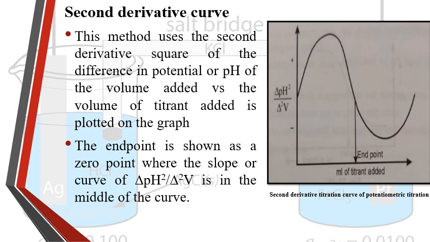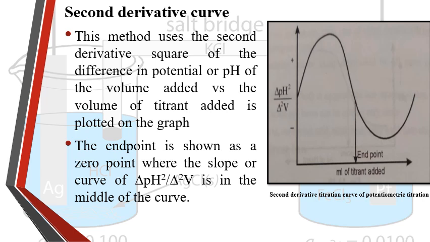The second derivative is particularly useful in complex titrations or when dealing with mixtures. It provides a more distinct indication of the endpoint by highlighting sharp changes in the titration curve.